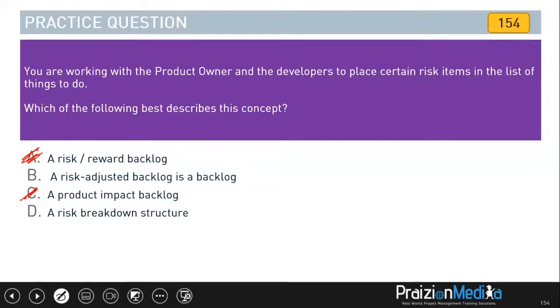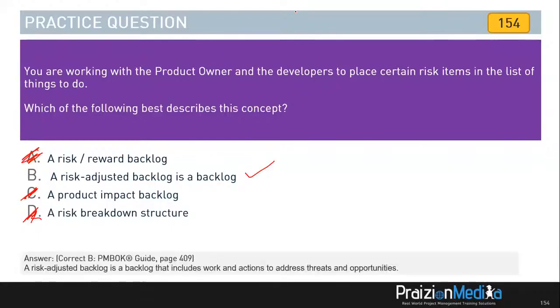It wouldn't be in an RBS. So the best answer is going to be your risk adjusted backlog. Remember that we have a product backlog, but when it's risk adjusted, that means the mitigation actions, or whatever risk related actions are to be carried out, are now in that backlog. So the best answer is B.